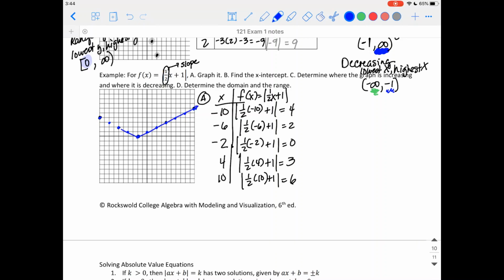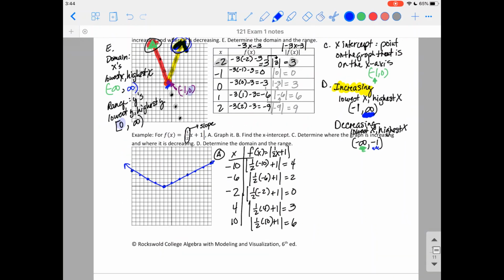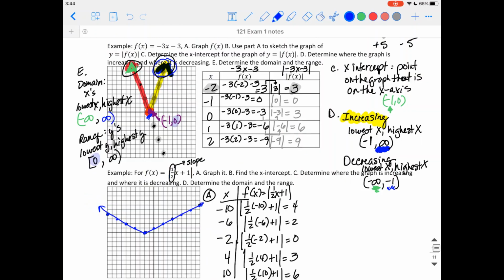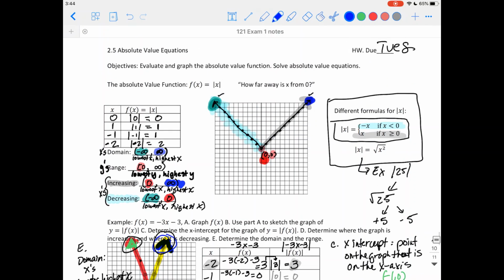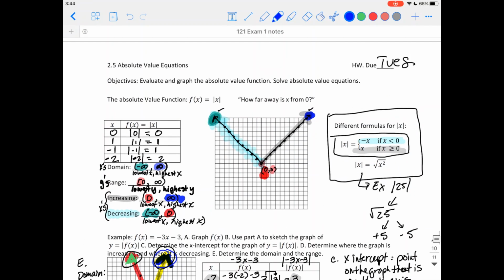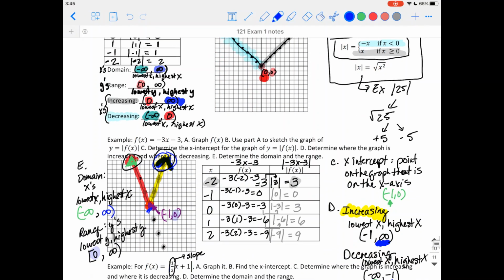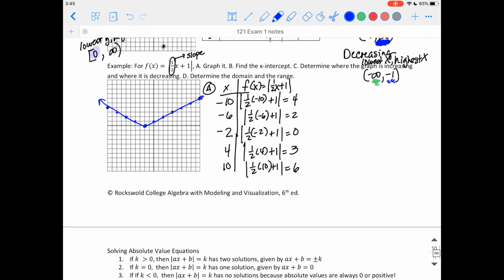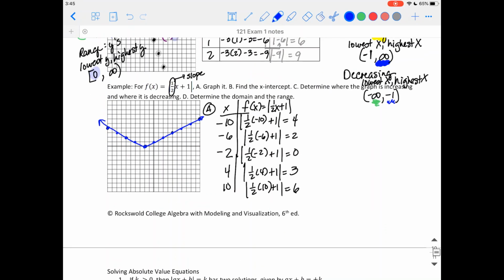So if you notice, we've done an absolute value graph 3 times. And so an absolute value graph technically always looks like a V. So graphically, always, and I stress the always, looks like a V. All right.